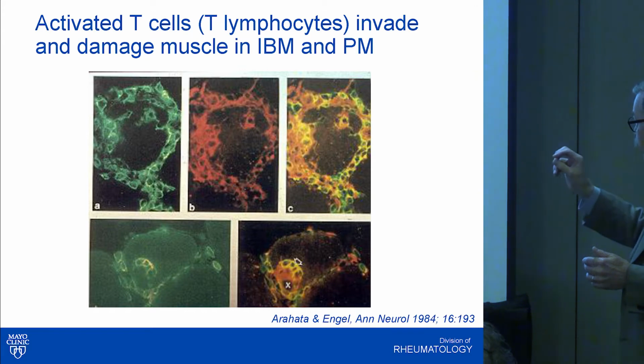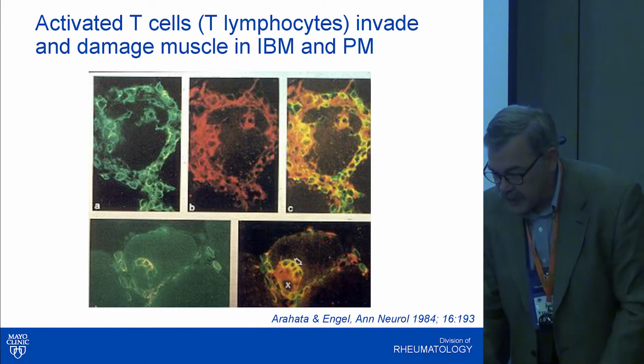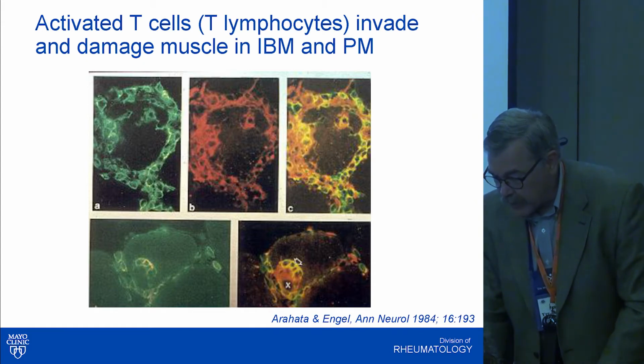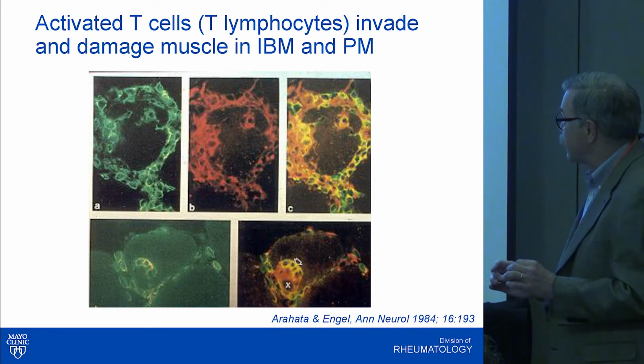So this is from '84, and this shows activated T cells, that part of the cellular immune system, invade and damage muscle in IBM and polymyositis. What's stained green here in the upper left are individual T cells.